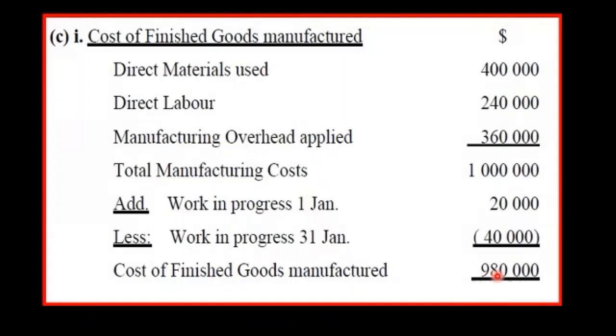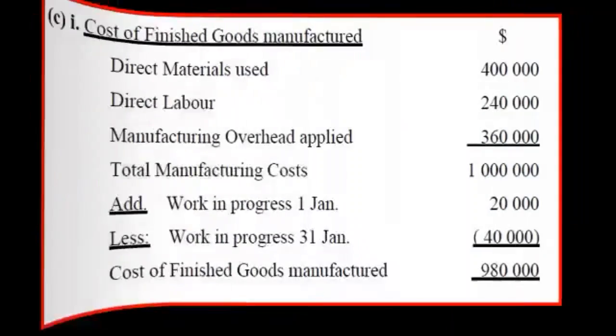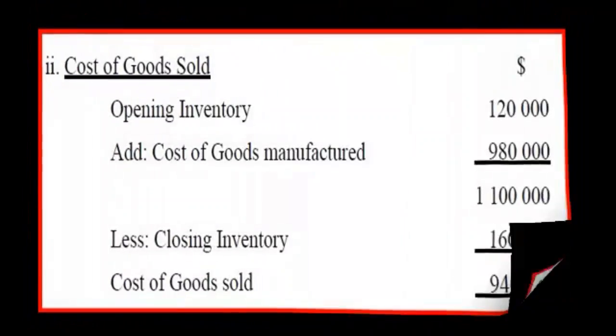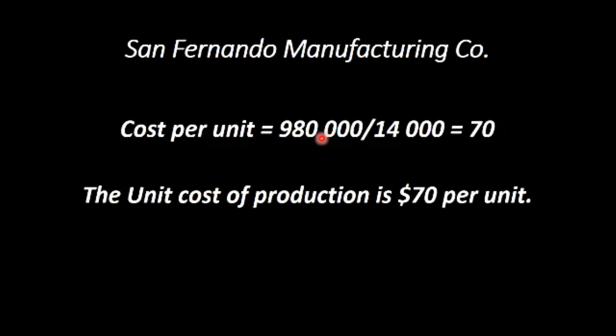980,000, right? And 14,000 units were produced. Okay, so we take the 980 and we divide it by 14,000 and we get $70 per unit.